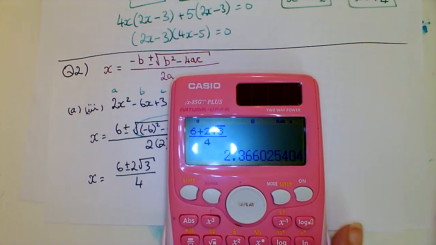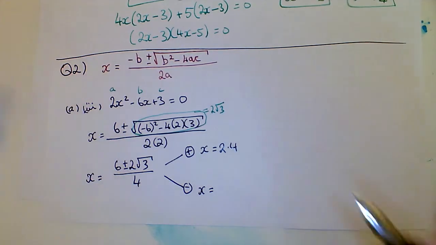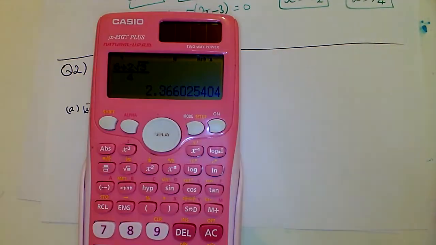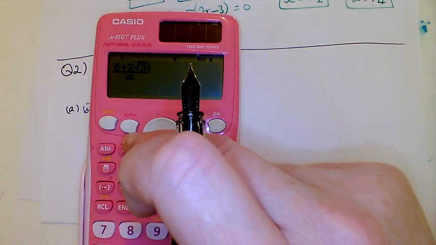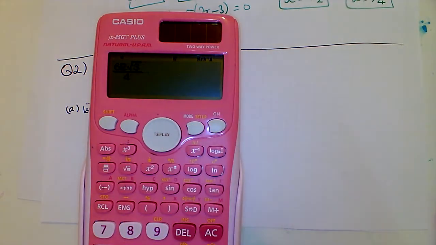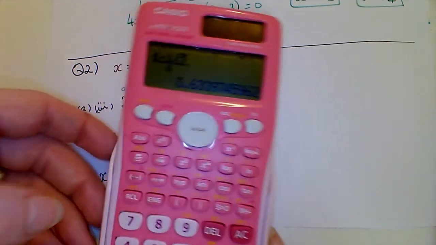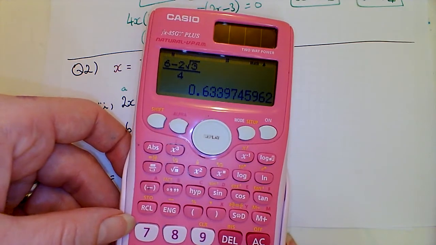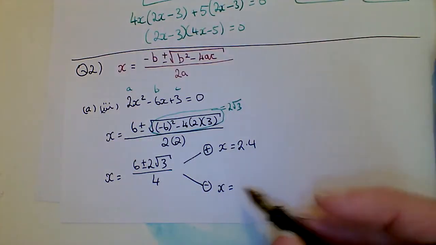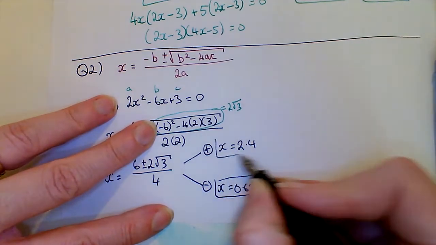Change it to a decimal, 2.4. And just use my arrows to come back and change that plus to a minus. And we have 0.63. And those are my two answers.